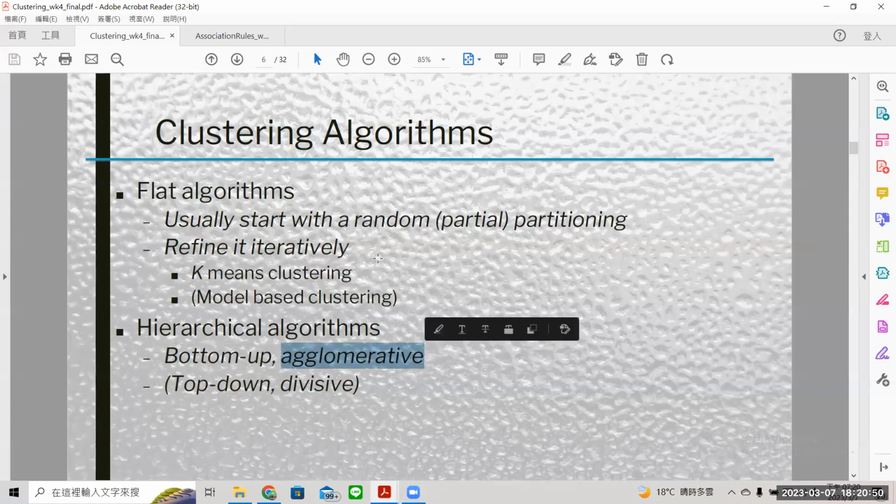We'll explain the details of how the clustering runs, so we'll have the steps and the explanation. We also provide some mathematical formulas step by step to help you understand the details of how this algorithm runs.